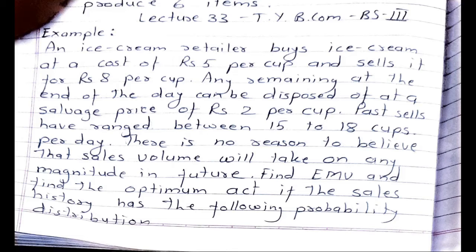Past sales records have ranged between 15 to 18 cups per day. There is no reason to believe that sales volume will take on any magnitude in future. Find expected monetary value and find the optimum act if the sales history has the following probability distribution.